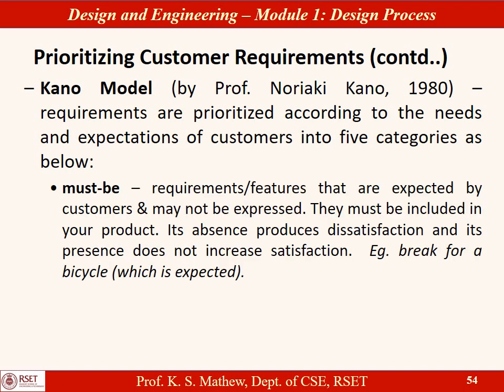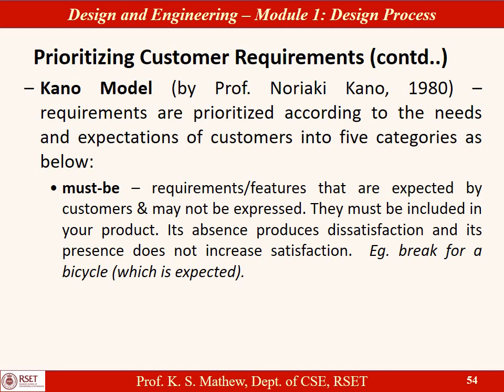The 5 categories are: Must be, requirements or features that are expected by the customers but may not be expressed. Those come under the must be category. They must be included in your product, otherwise the customer will be dissatisfied. Its absence produces dissatisfaction and its presence does not increase satisfaction. These are the features which are expected by the customer.